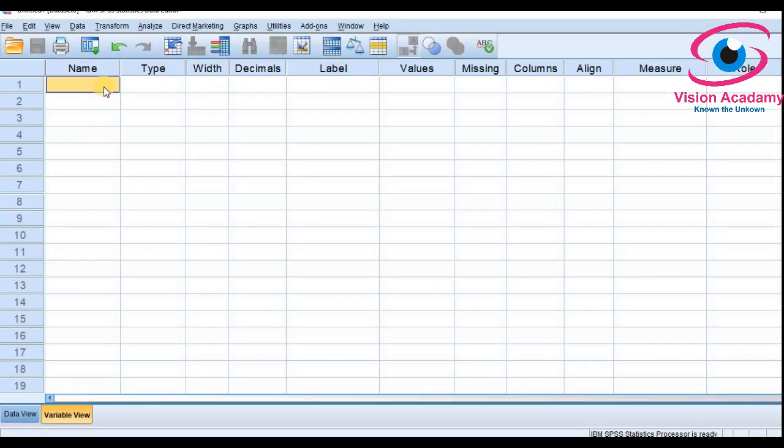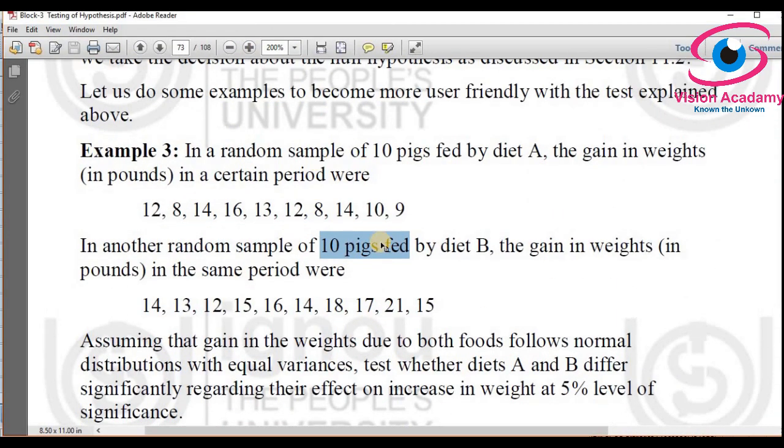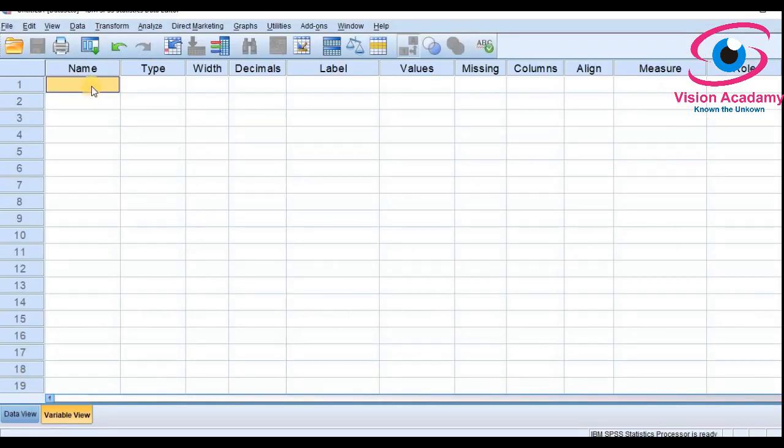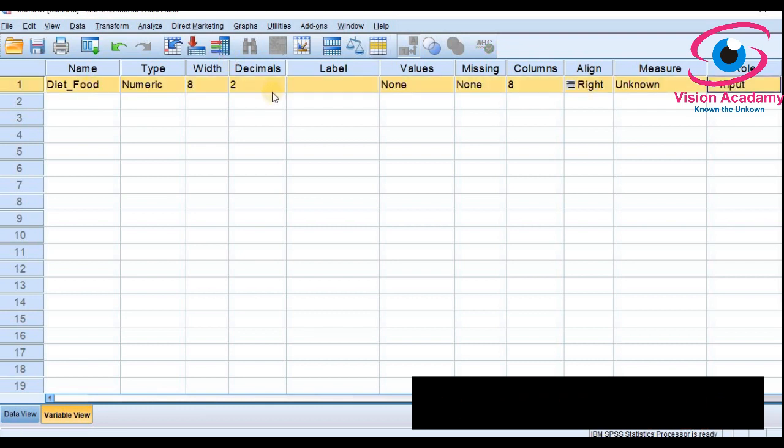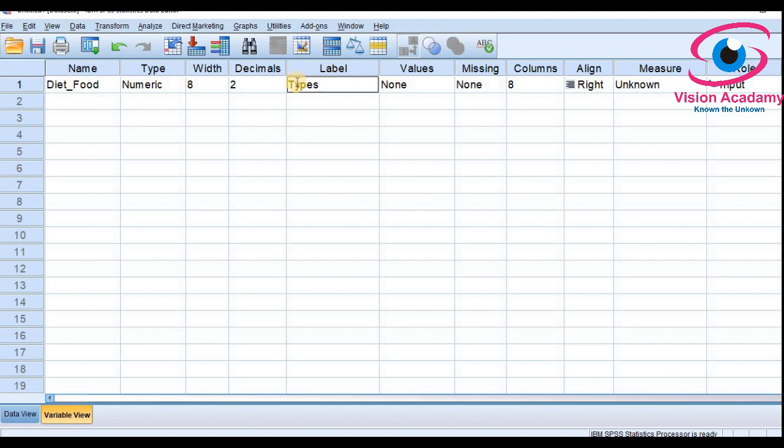For that, let us understand how to enter data for the two sample t-test. Look here, we have two types of diet food, called A and B. I will consider the types of diet food and the weight gain as separate entries in the SPSS software. So I will label this types of diet foods.